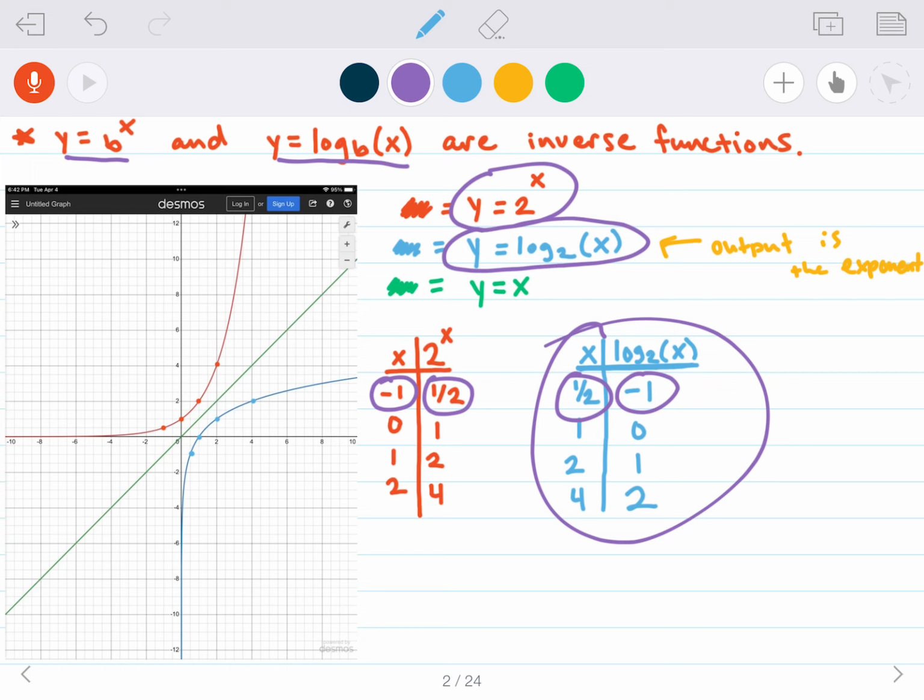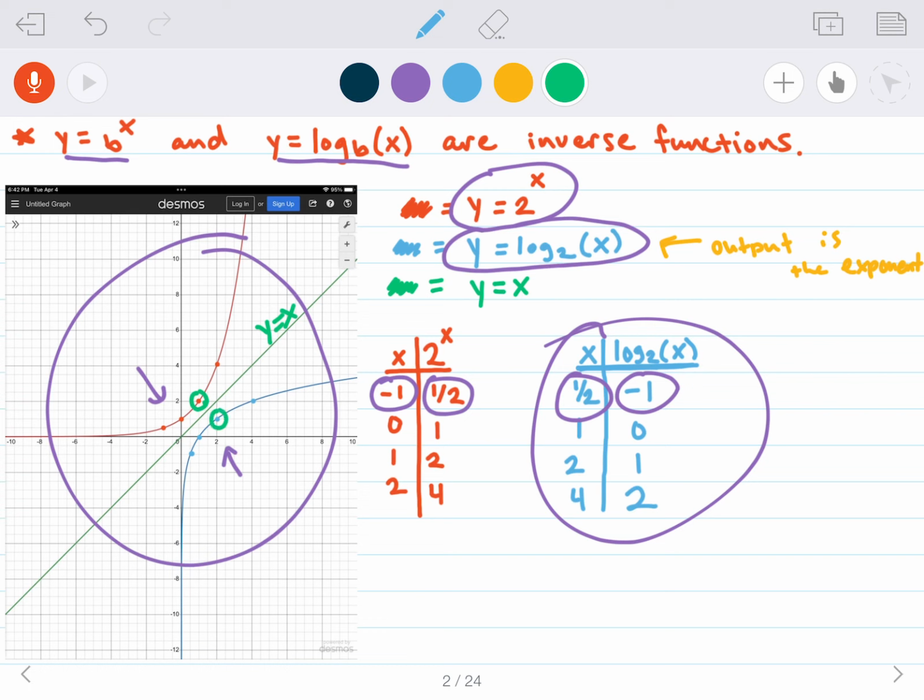And we can see this graphically because I've plotted the points on each of the curves. So there's 4 points on each curve, and if you were standing on one side of this green line, y equals x, it acts like a mirror for these points. So you can see that, for instance, this point is reflected across the mirror, giving us this point.